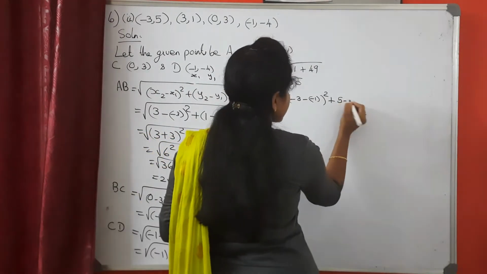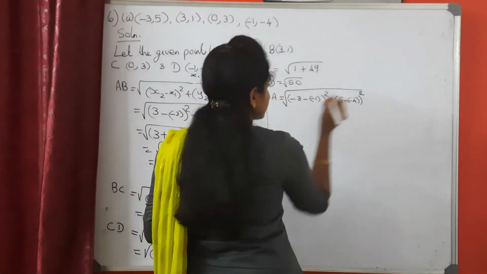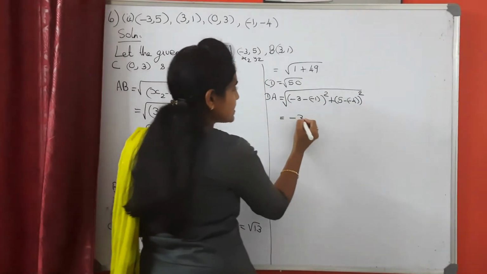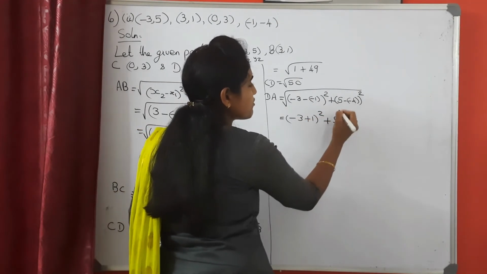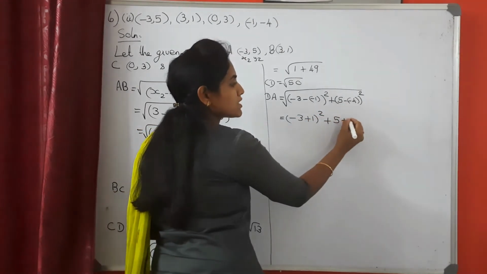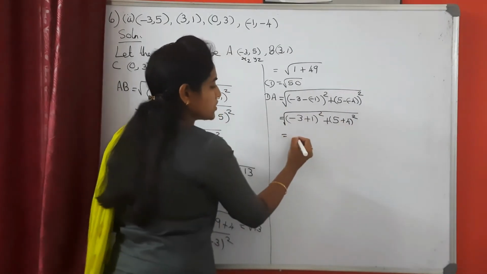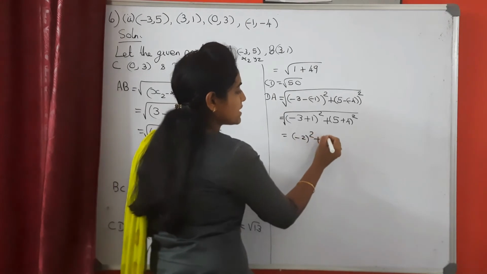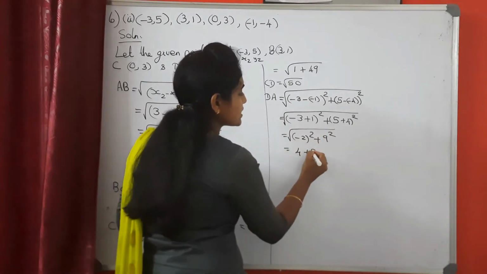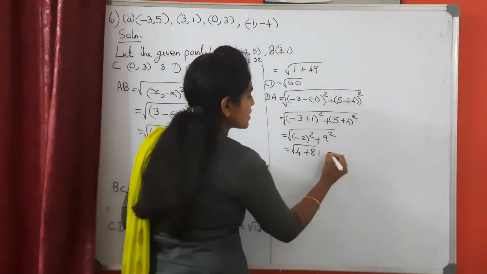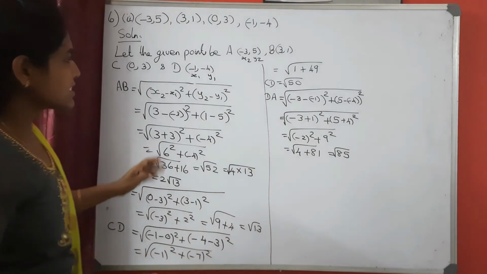So 5 minus 4 the whole square, minus 3 minus minus 1 the whole square plus 5 minus minus 4 the whole square, equal to minus 2 the whole square plus 9 square, equal to 4 plus 81, equal to 85, root 85. Okay, now 4 sides we completed.